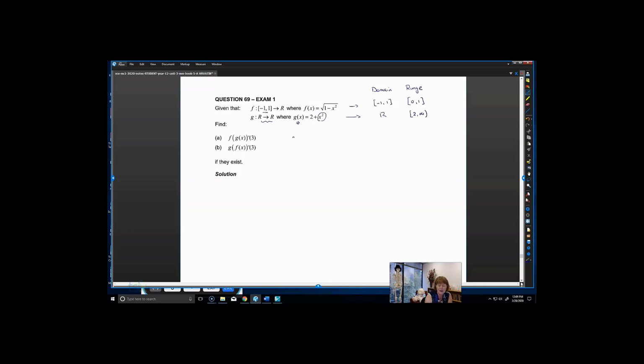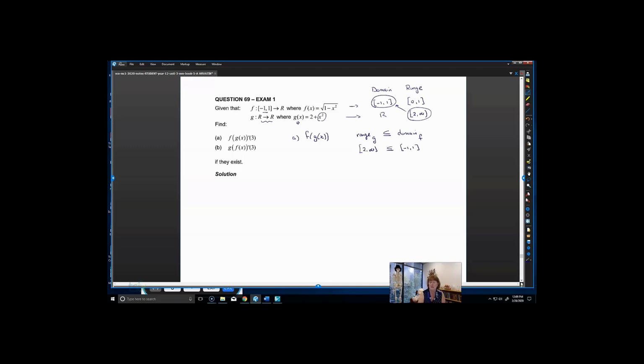I've been asked here in part A to work out my f of g of x. So that means that my range of g has to be a subset or equal to the domain of my f function. So let's have a look. My range of g is going to be 2 to infinity, and that has to be a subset of the domain of my f function, which is this.